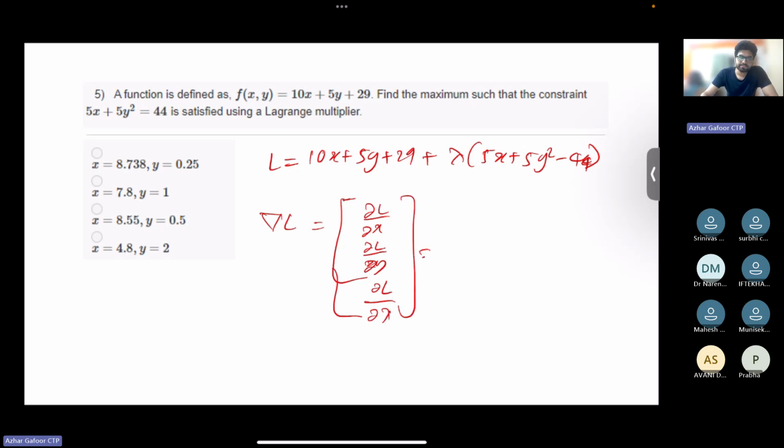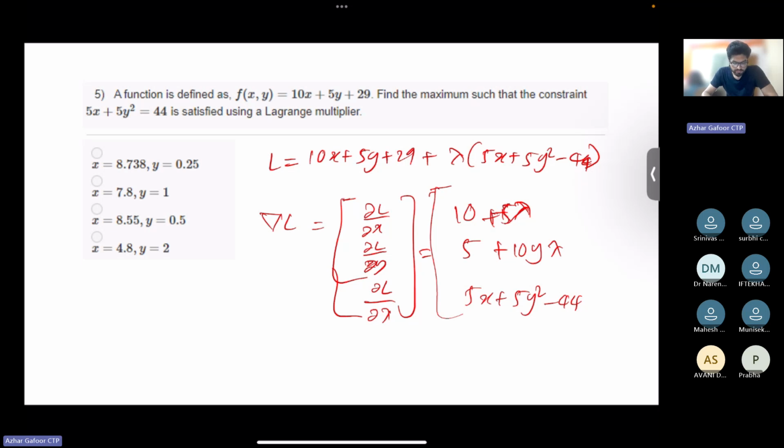So we get 10 minus lambda, then we have 5 plus 10y lambda, and we have one more equation, right? So we get 5x plus 5y square minus 44.